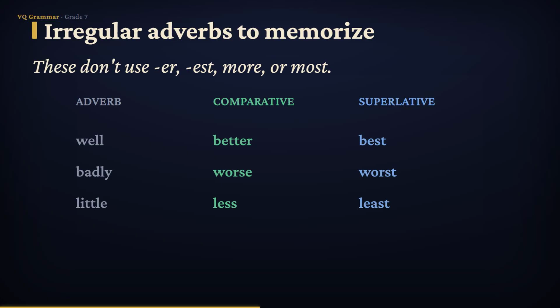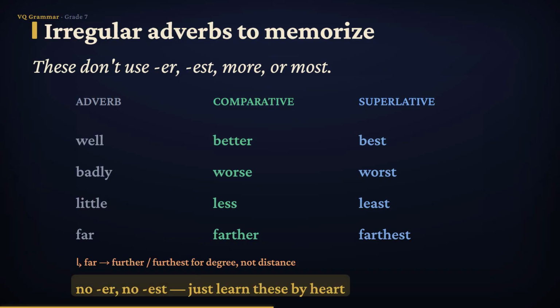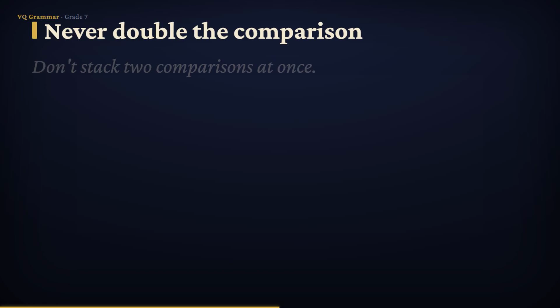Little becomes less and then least. And far becomes farther and then farthest when you're talking about distance, or further and furthest when you mean degree. Say these out loud until they feel automatic, because they're some of the most common adverbs you'll ever use.